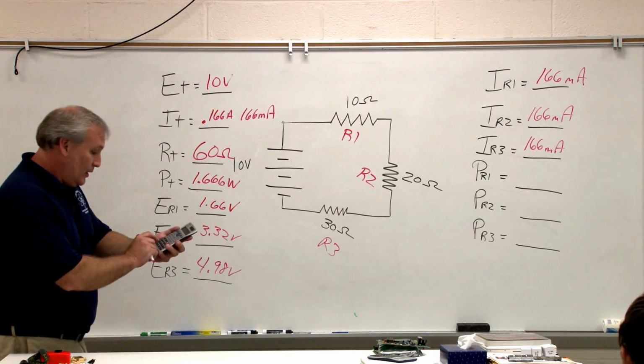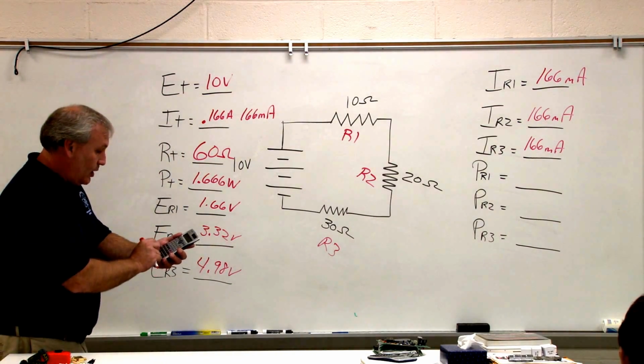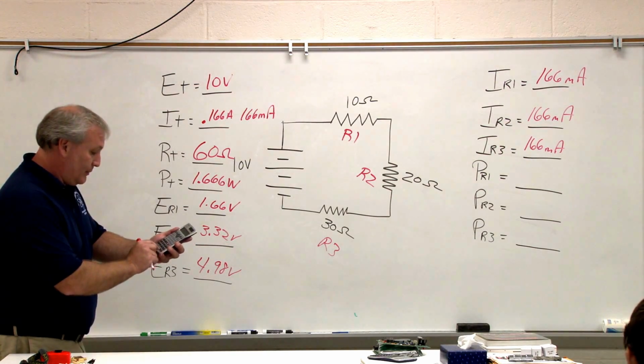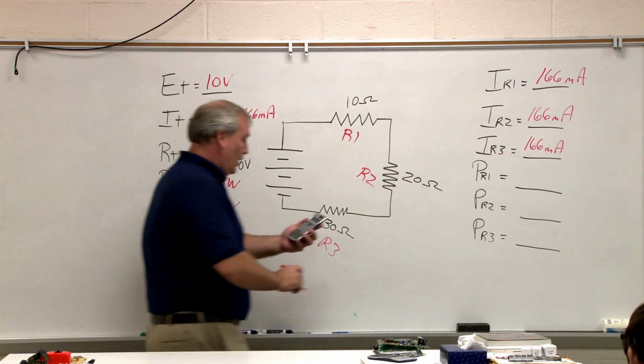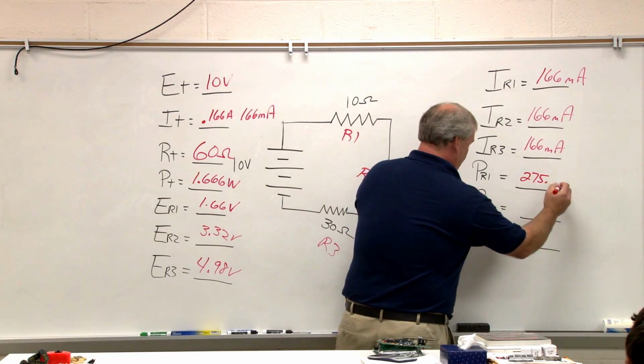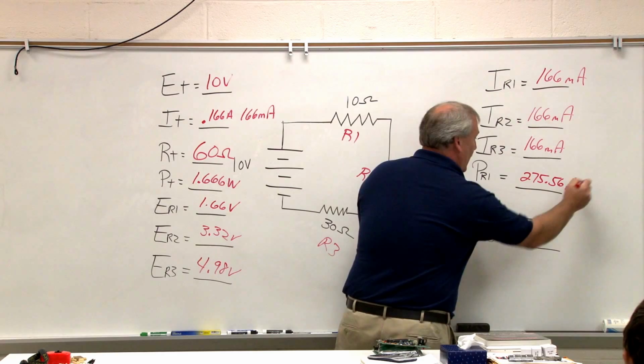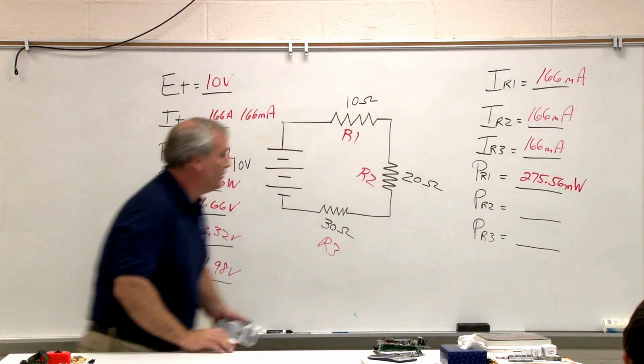Let's try it. 1.66 volts times 166 milliamps equals 275.56 milliwatts. Little m, big W.